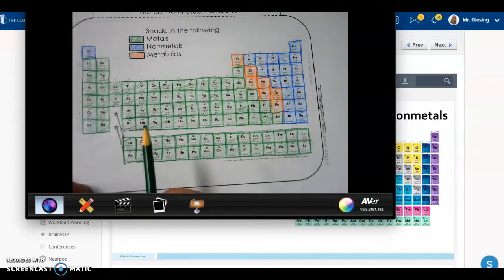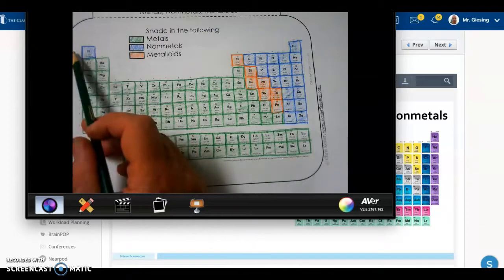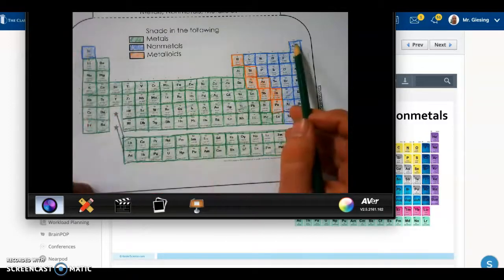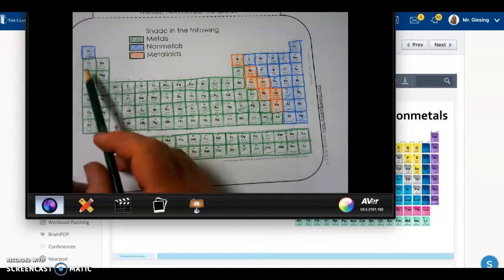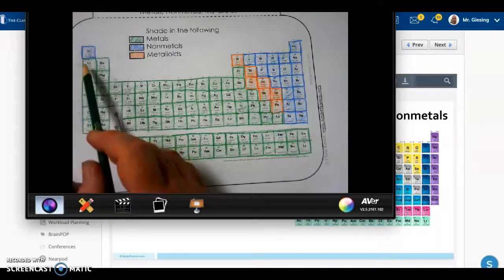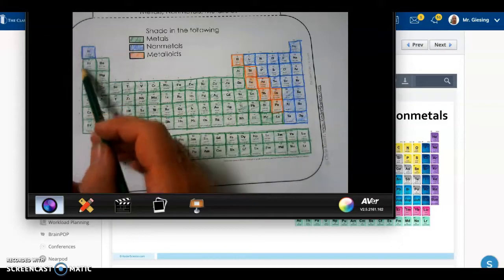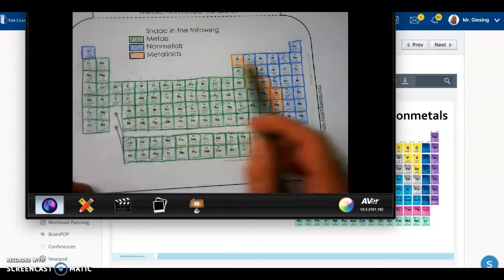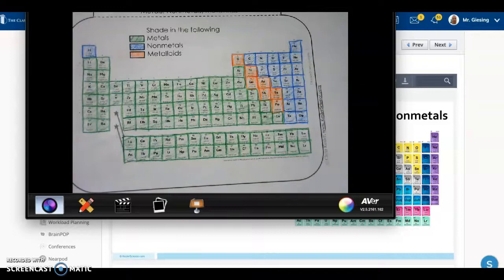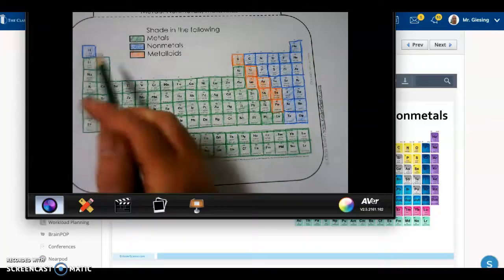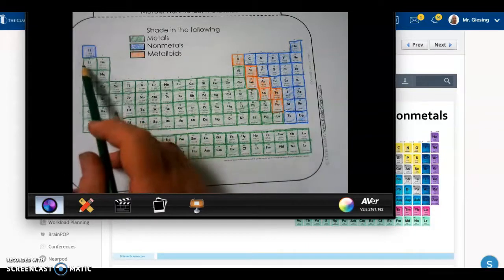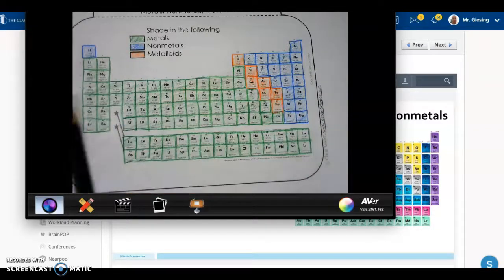The first shell has 2 electrons. Look at our first row. 1, 2. The next 2 rows have 8 electrons. 1, 2, 3, 4, 5, 6, 7, 8. So these 2 periods have 8 elements in them, because there's 8 electrons in each of those shells.